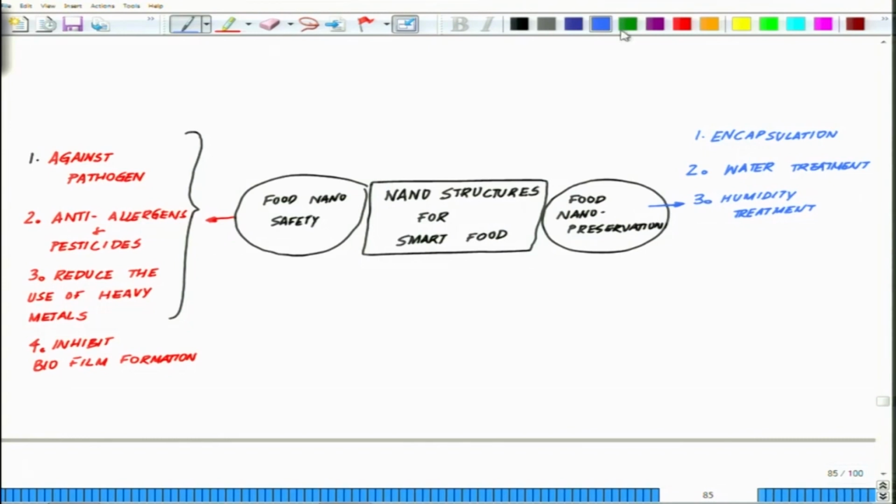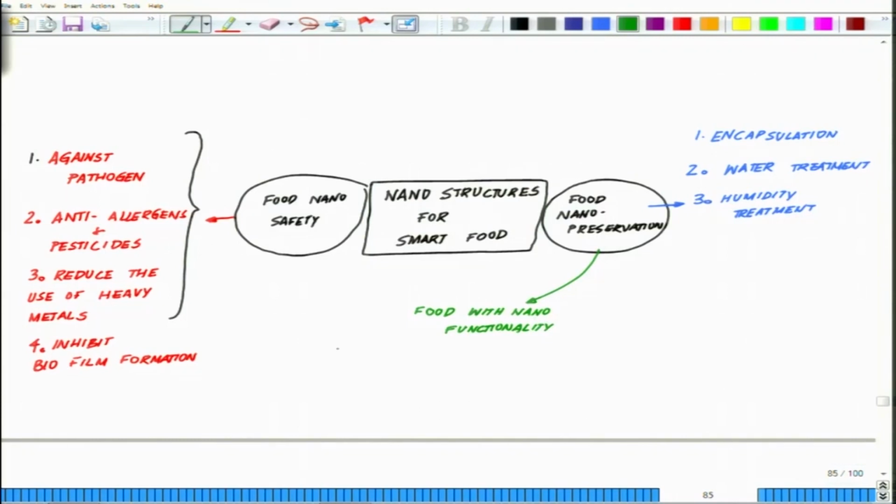Now this food preservation will lead to food with nano functionality, which is why we call them smart food. And what are those functionalities?